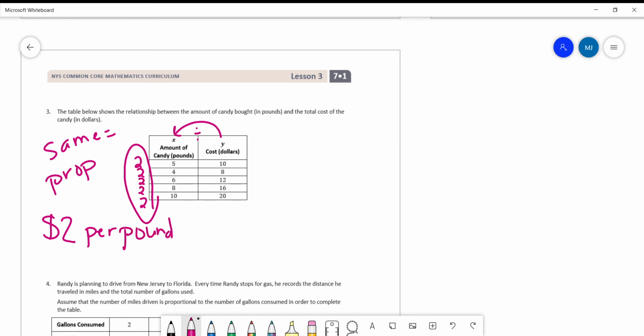That's also known as the what? Unit rate. We also are going to give this a new label. We're going to call it K, or the constant of proportionality.